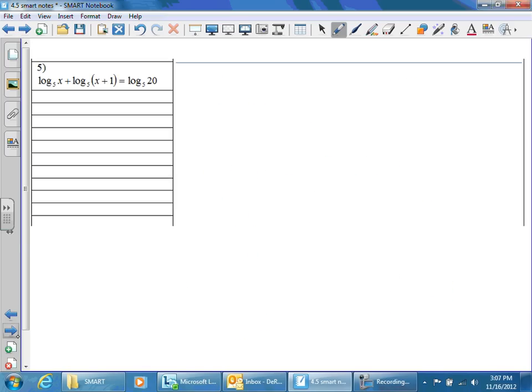Okay, let's look at this next one. Hopefully you said, yay, they're all the same base. So over on the left-hand side, I'm going to use my property of logs that says when I have the same base being added, I can multiply those together.